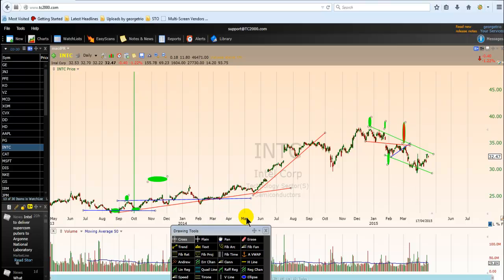Let's check this one out. This is a better example. There was this low, followed by a higher low, and the price displayed a higher high. Great stuff. The bullish momentum is intact because nothing has changed. It was displaying higher lows and higher highs.